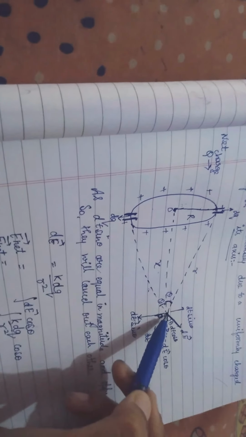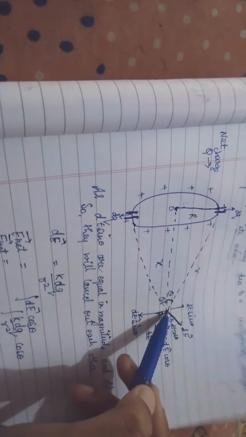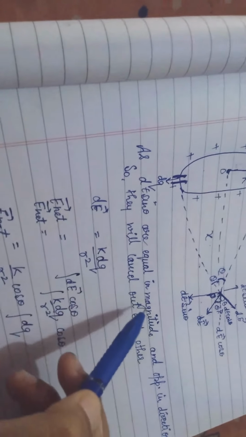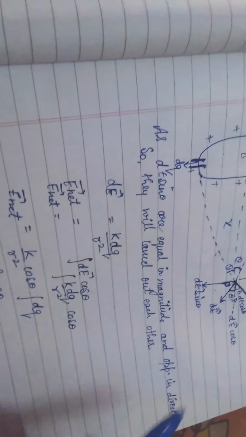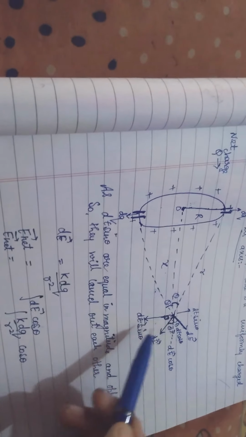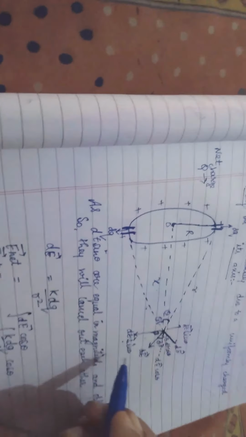Similarly, for the other dE, the horizontal component will be dE cos theta and the vertical component will be dE sin theta. As the dE sin theta components are equal in magnitude and opposite in direction, they will cancel out each other.